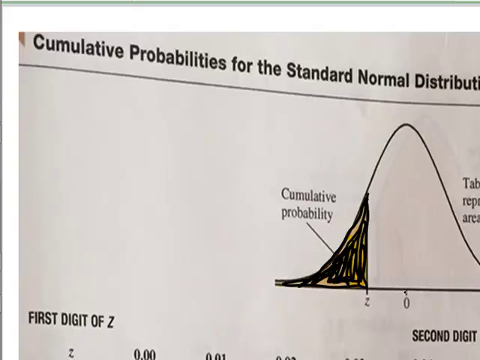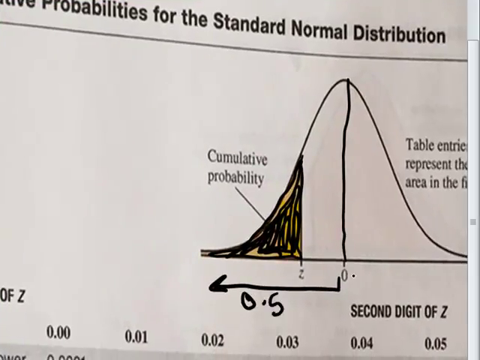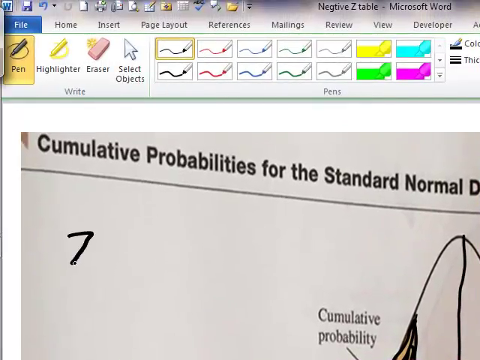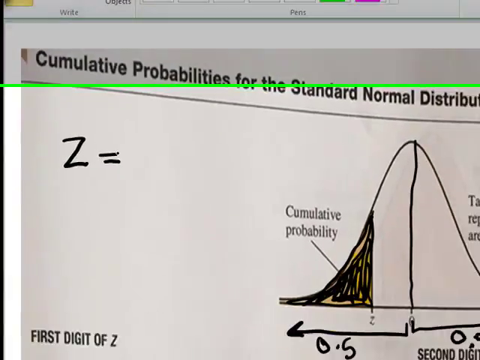The reason is that the normal distribution is symmetrical, and the area to the left of the mean is 0.5, and the area to the right of the mean is 0.5. And therefore, by that logic, we know that this area that we're looking for in this problem has to be less than 0.5.